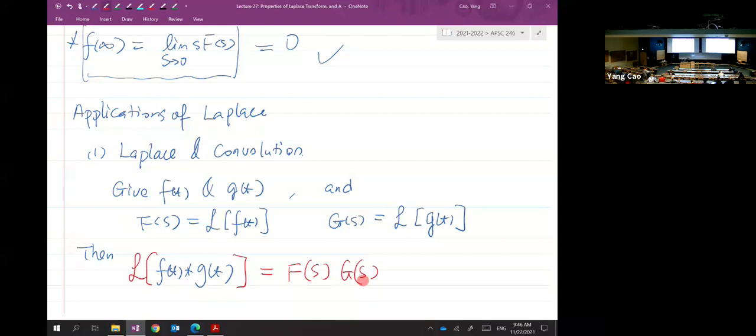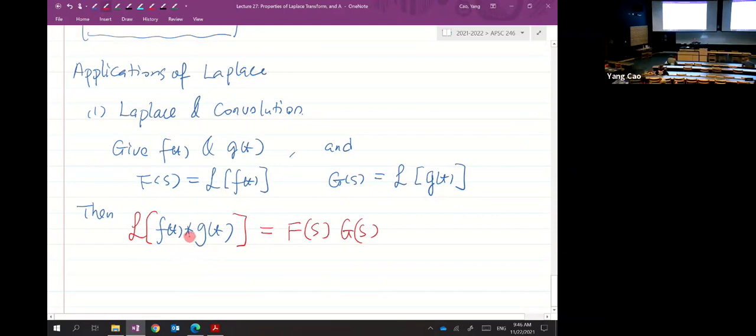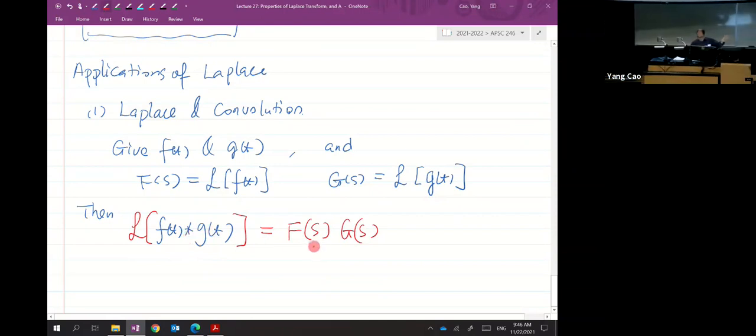This is the first application of Laplace. If you apply the Laplace operation to the convolution, then you no longer need to do this convolution, which is integrals, remember? You can simply multiply the two S functions together.